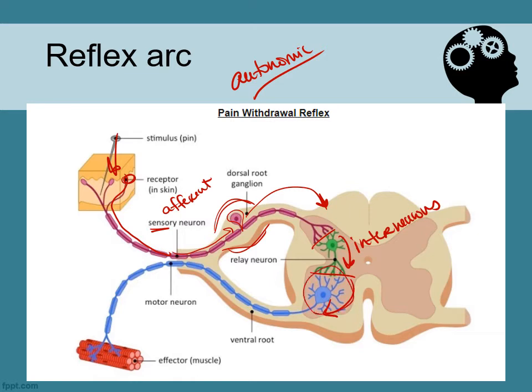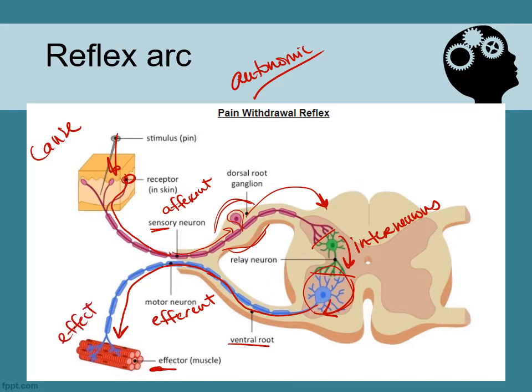The motor neuron cell body is here in the spinal cord. We're going to have this crazy long ventral root, which is just like the chunk of the back where all these axons are collected. And we're going to send that signal through the motor neuron, sometimes also called the efferent neuron, to the effector, where the effect happens, cause and effect.